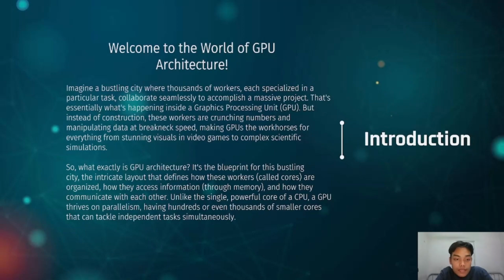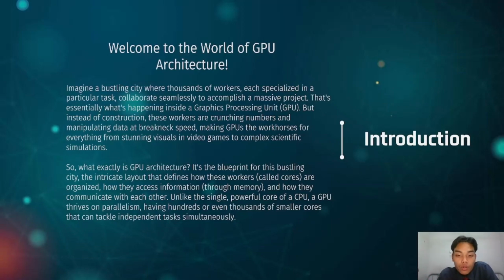So what exactly is the GPU architecture? Based on the metaphor above, we can conclude that GPU architecture is like a blueprint for the city that integrates the layout for how these workers, which we call cores, are organized, how they access information through memory, and how they communicate with each other.